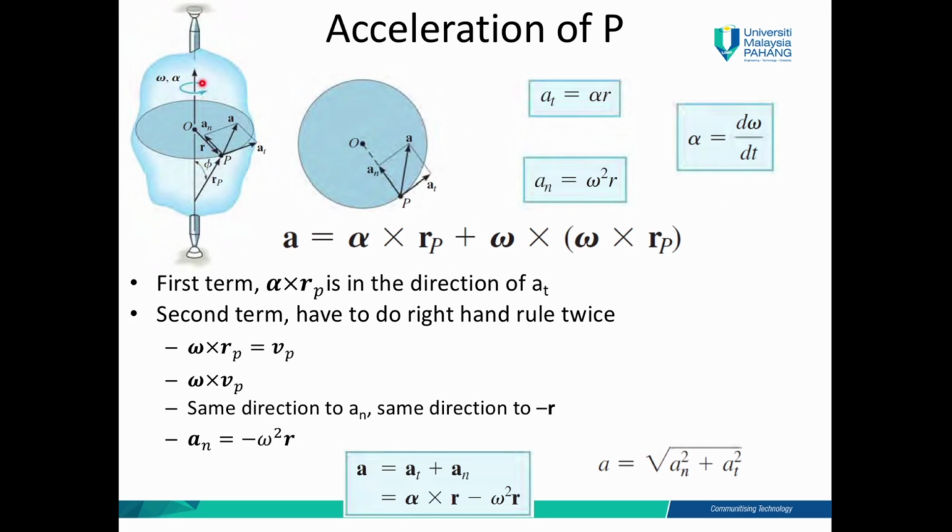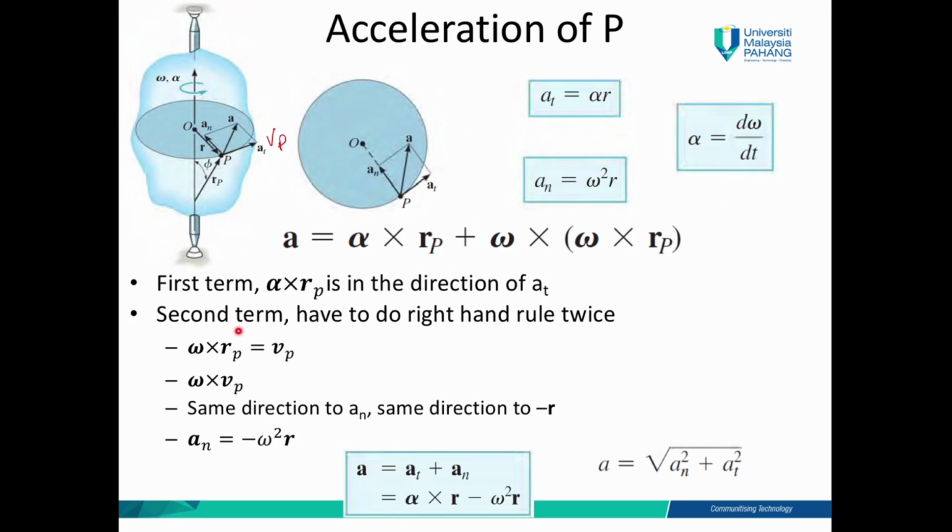Finding the cross product with rp, what will you get? You get actually the vp. Where is vp? It should be also in the tangential direction. You have your vp here.